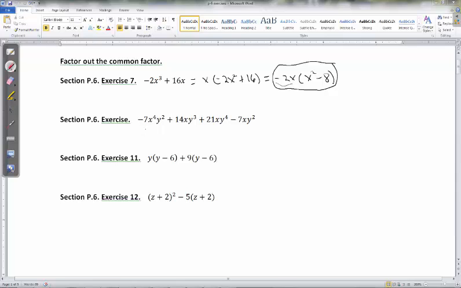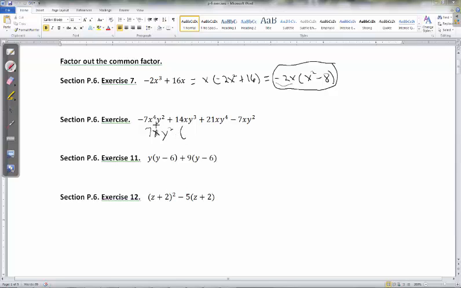We have a 7, we have at least one x in everything, and we have at least 2 y's in everything. So that will be my GCF.